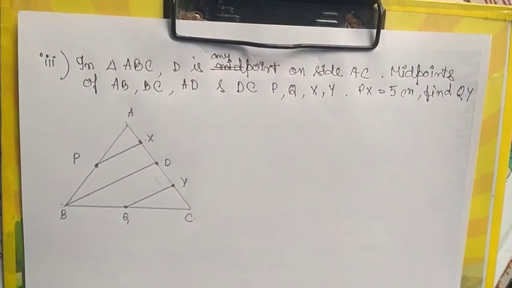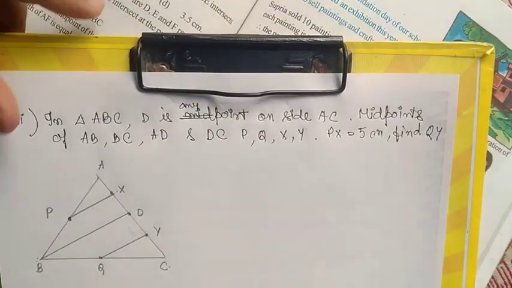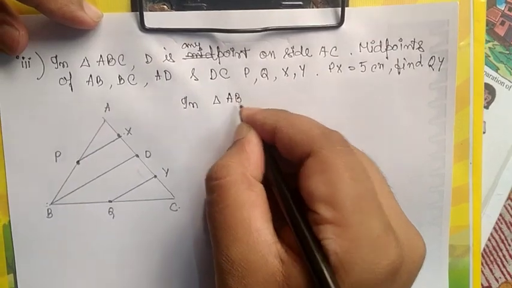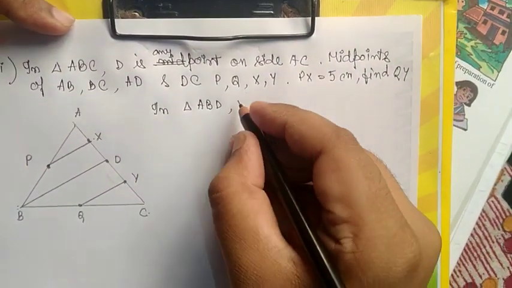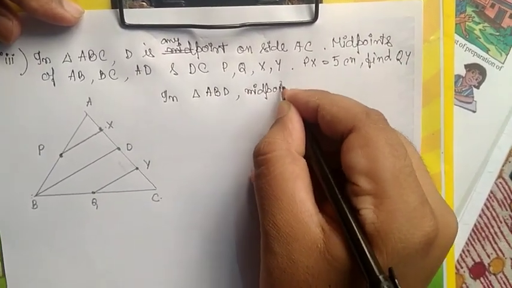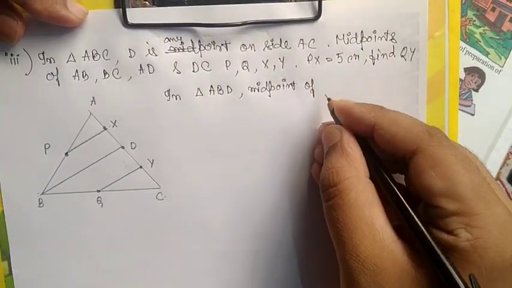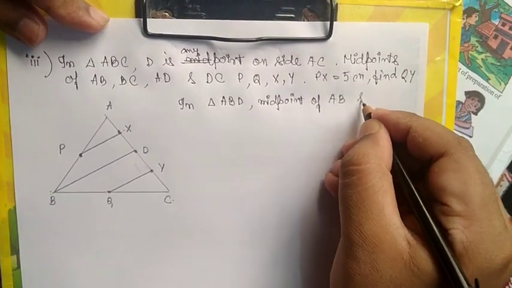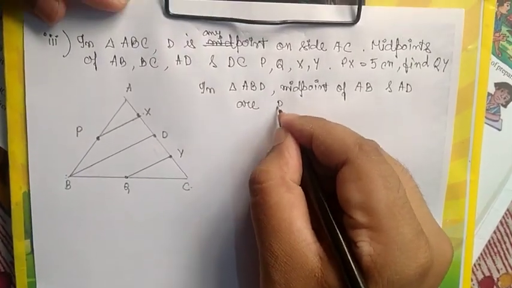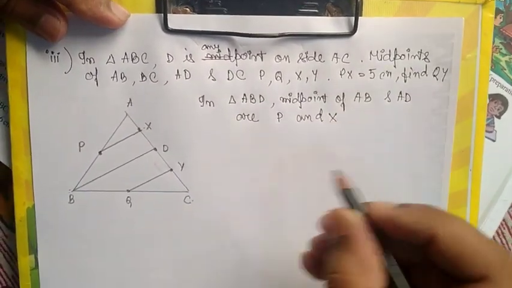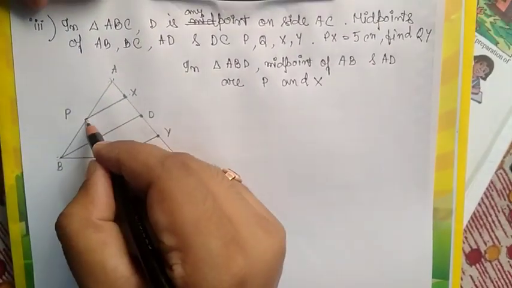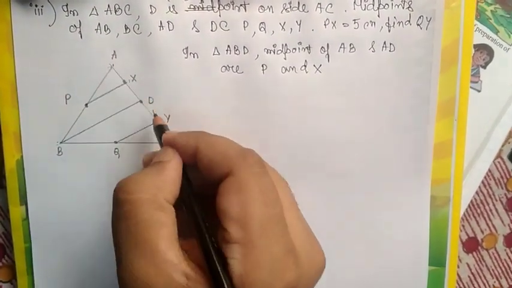This is given. Now, first of all, in triangle ABD, the midpoints of AB and AD are P and X. In this triangle ABD, P is the midpoint of AB and X is the midpoint of AD.